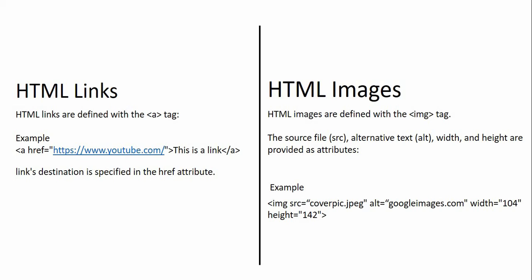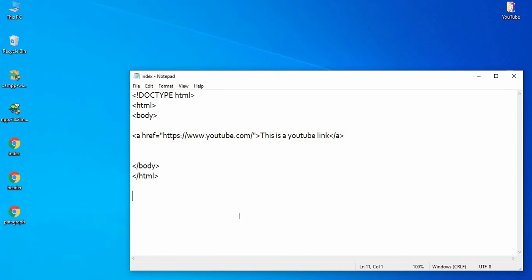So now let me show you how this works on Notepad. So here I have typed in an HTML code mentioning the a tag, the href attribute, and then here is the particular link, and this is a YouTube link.